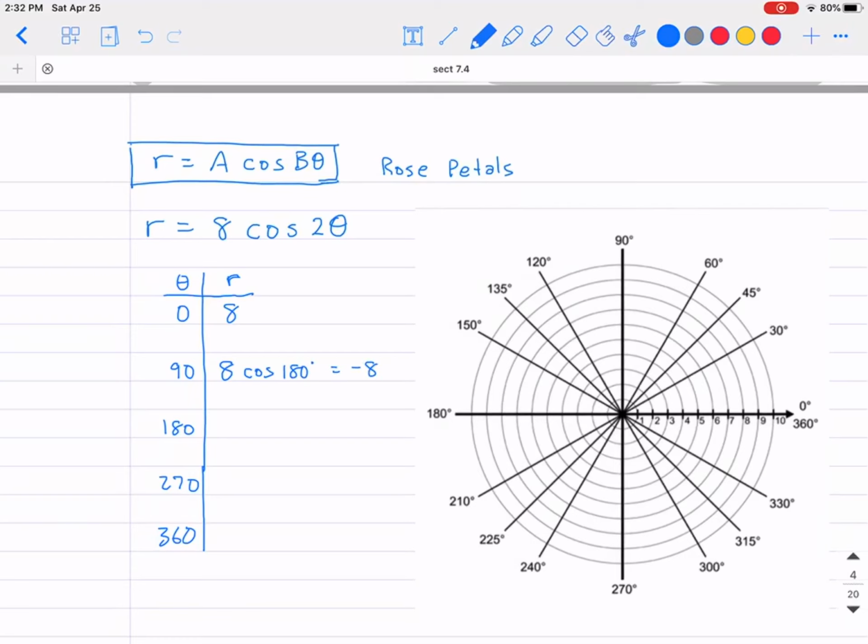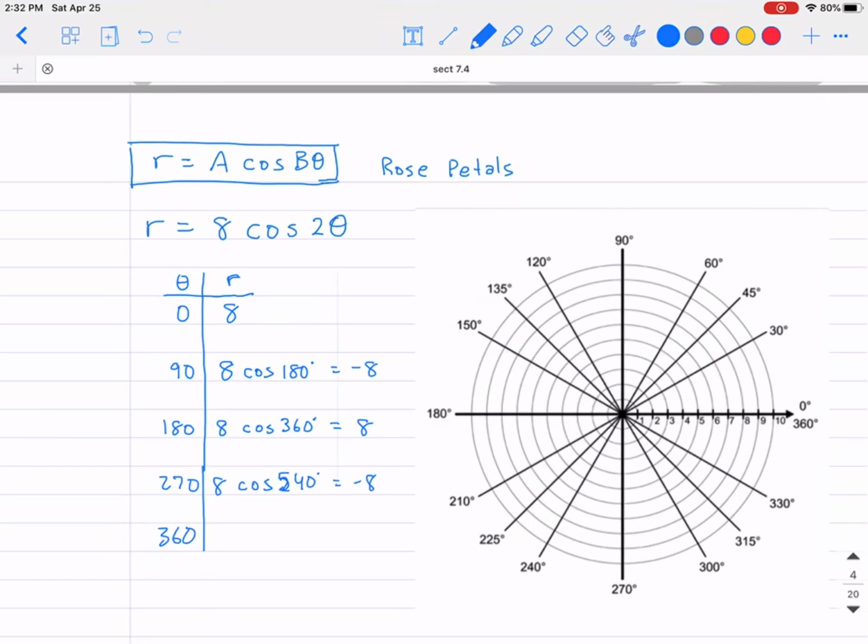When we plug in 90, we get 8 multiplied by the cosine of 180, which is equal to negative 8. Then we have 8 multiplied by the cosine of 360, which gives us 8.